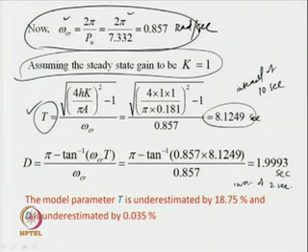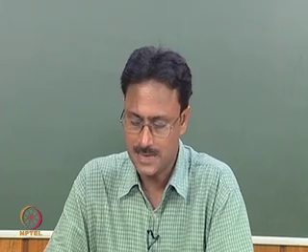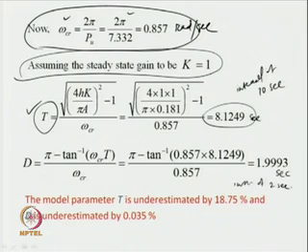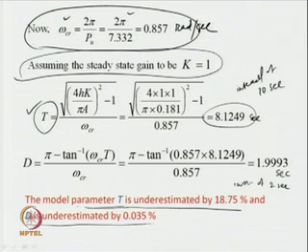Those are the actual plant parameters: the actual process has got the dynamics with time constant of 10 seconds and time delay of 2 seconds. So, the model parameter time constant is underestimated by 18.75% and the time delay is underestimated by 0.035%. So, we can tell that the time delay has been estimated accurately, whereas the time constant has not been estimated accurately.